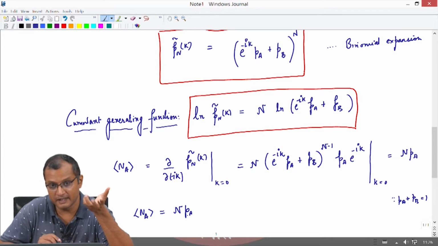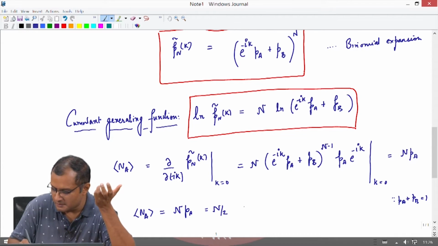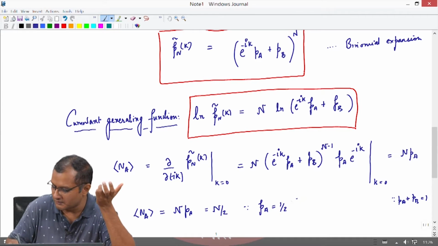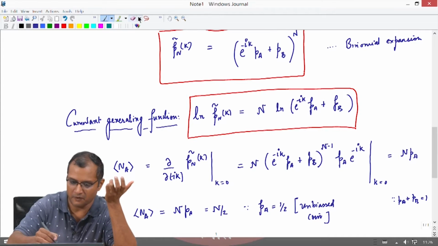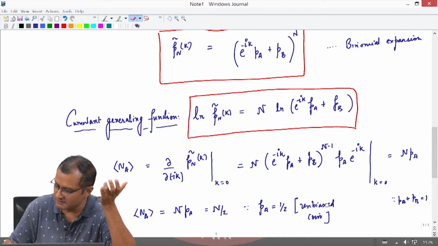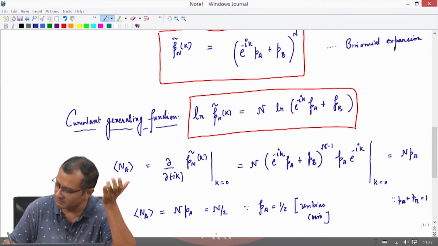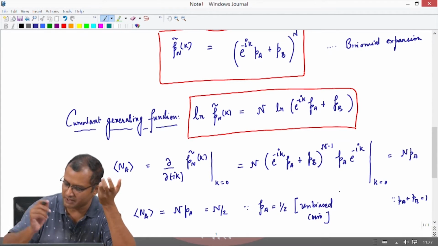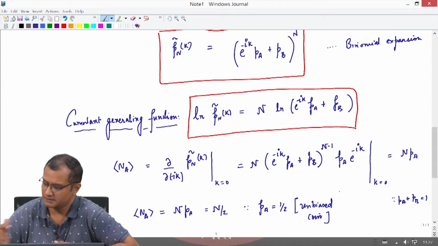Now, if probability of getting a head is half, this would be nothing but n by 2, because the coin is unbiased. Okay. So, this should convince you that this machinery is working and you are getting what you expect. Okay. The answer is expected.